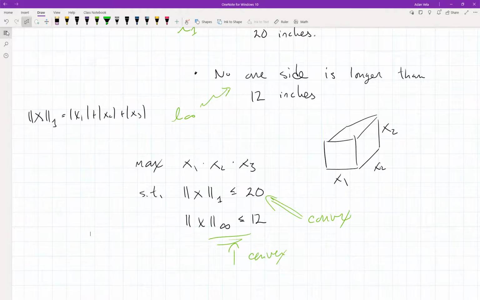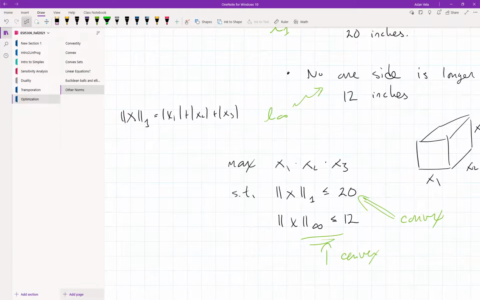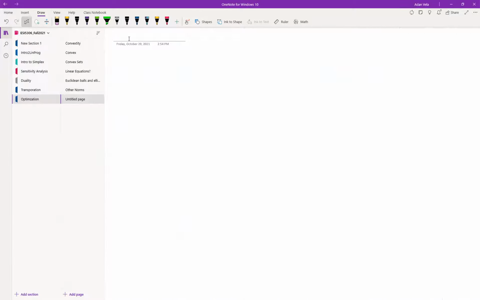I listed the L2 norm, the L infinity norm, the L1 norm, and linear equations, and they are all convex. But can I do weird combinations of them or do weird things with them and still have a convex feasible set? And so it's worth discussing what operations preserve convexity.